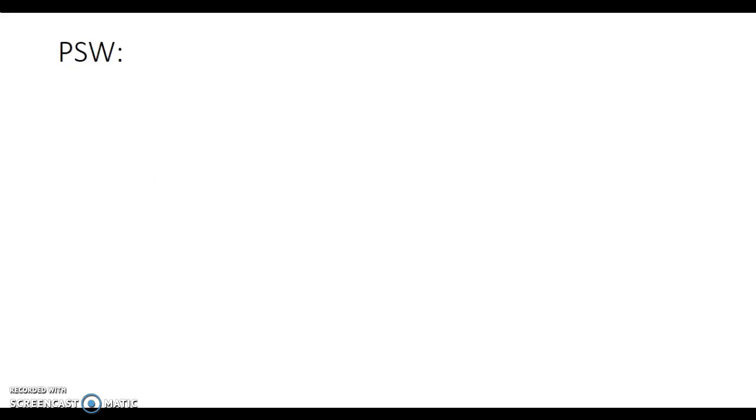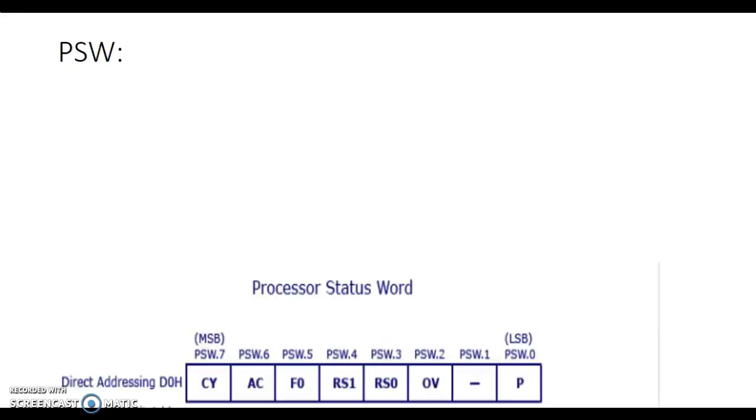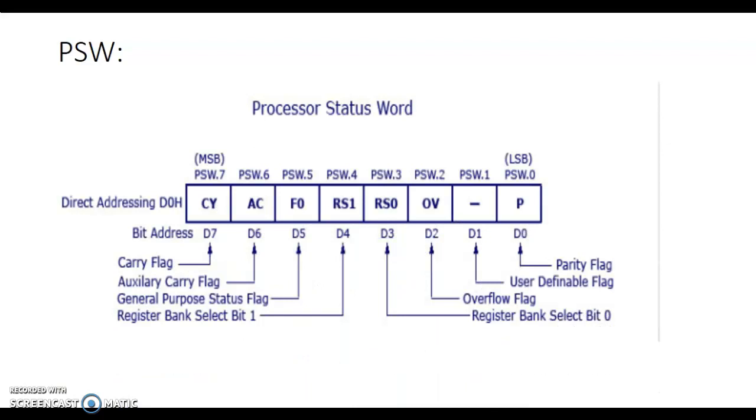Now we'll see how the actual structure of PSW looks like. In this we can see the program status word, which is of 8 bits, where each bit is given its position. The bits are D0, D1, D2, D3, D4, D5, D6 and D7.